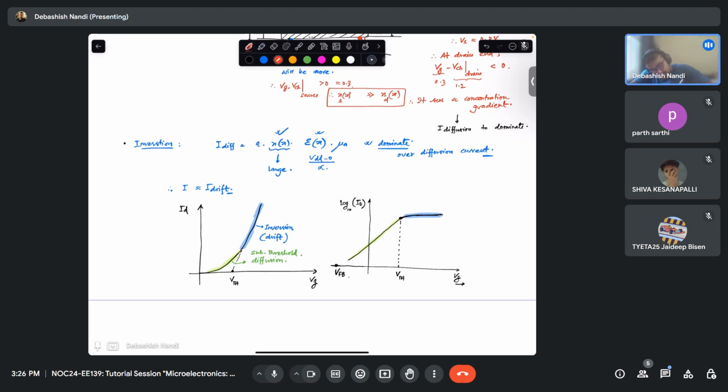So now let me mark some of the key points. So this is your on current. This current, when your Vg is 0, is basically your off current. Okay. So can you tell me, in any case, will your off current be 0? And if not, then why? And if yes, then also why?